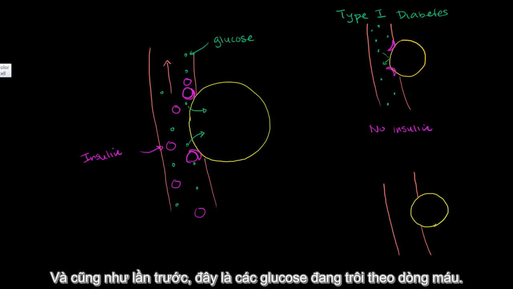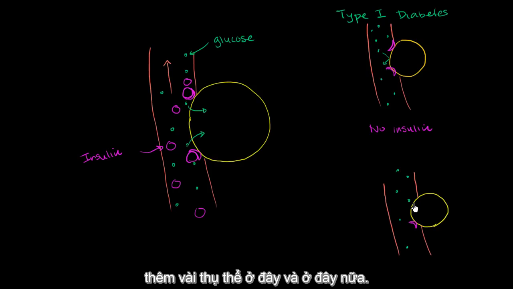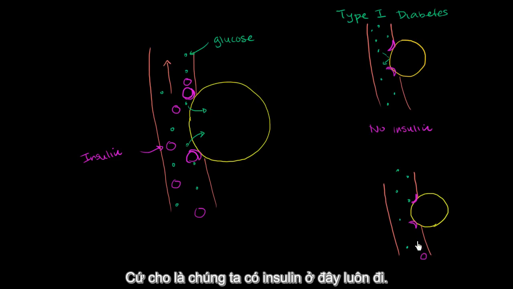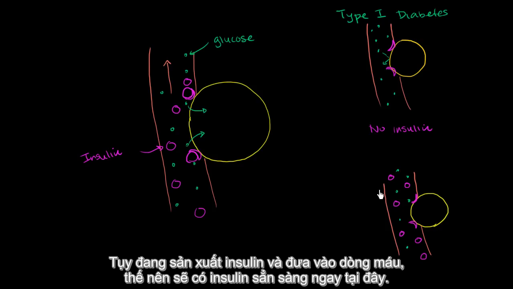So once again, let me draw some glucose floating by. Let me draw some insulin receptors on the cell. So insulin receptor there, maybe an insulin receptor right over there. And let's say we even have some insulin. So our pancreas is producing insulin and putting it into our bloodstream, so it's there to be used.